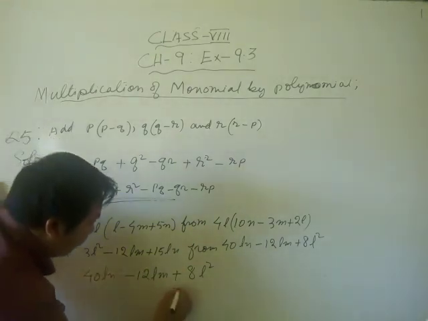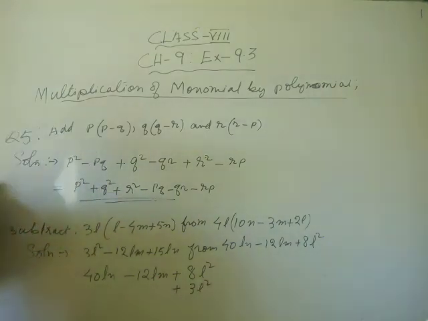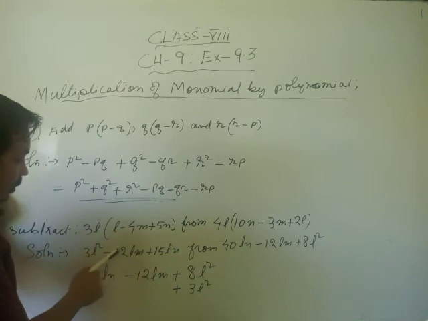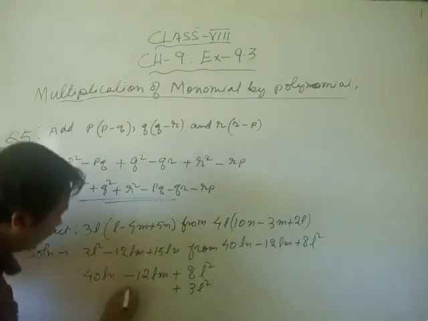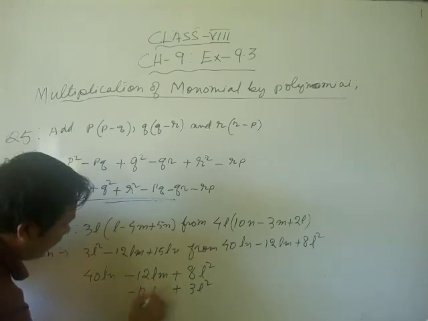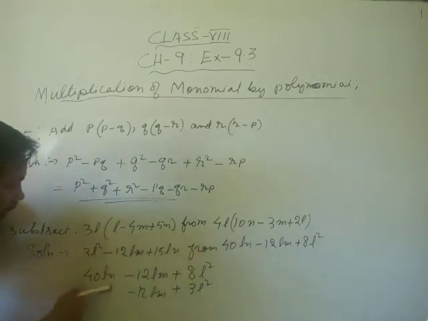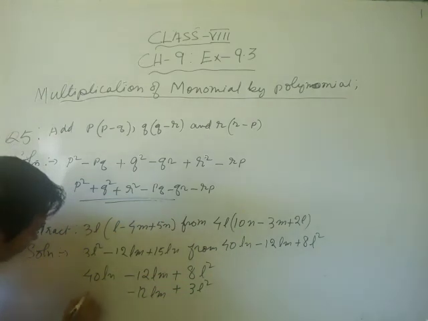Then ln is here, so minus 12 ln, isn't it? Then 40 ln here, and actually 15 ln, so plus 15 ln.